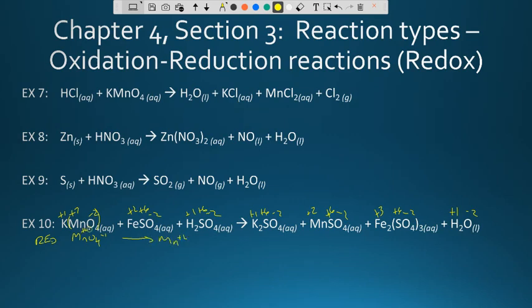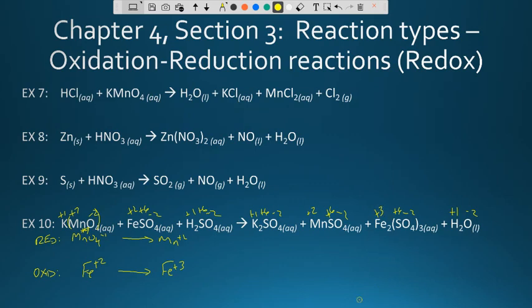Okay, this is a +4, or sorry, a +7. Okay, what's being oxidized? What's being oxidized in this case is going to be my iron, going from a +2 into an iron that's a +3 right here.